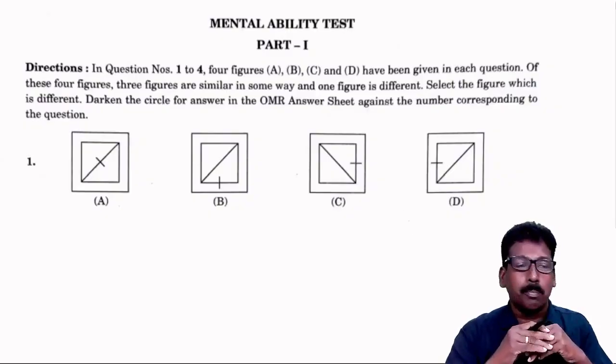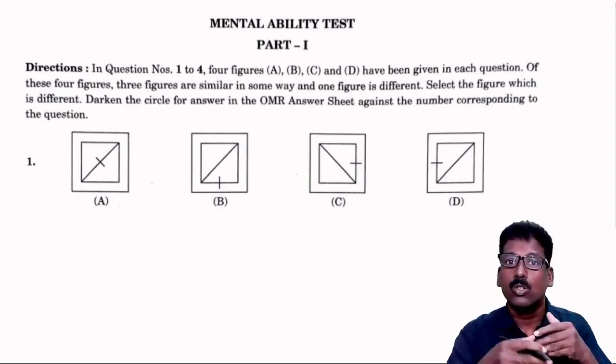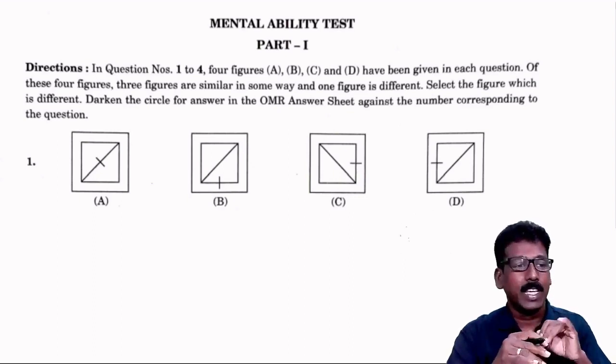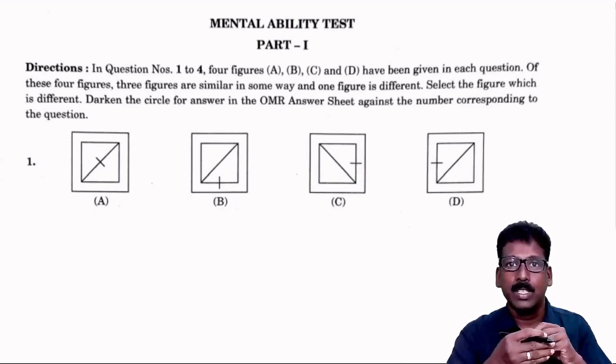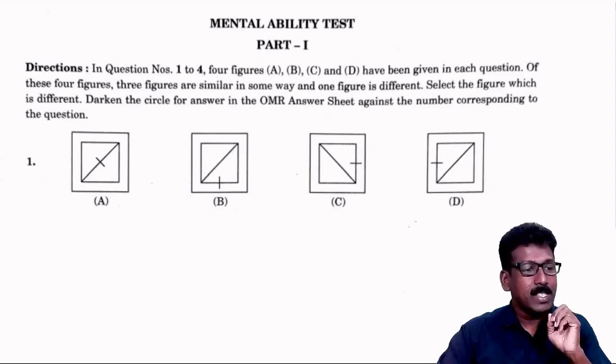Here is the part 1, and in the beginning of every part, the direction is given how to do it. Here you have given 4 figures A, B, C, and D. But one figure is odd one. That means here you can see two squares, and inside the square, each side one mark is there.